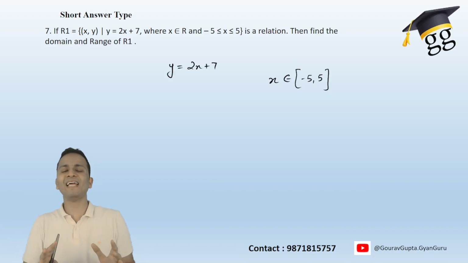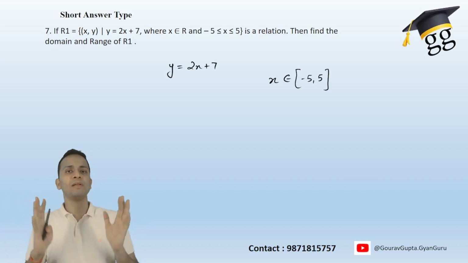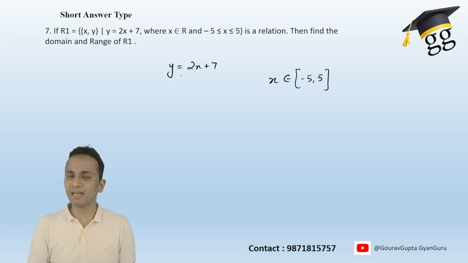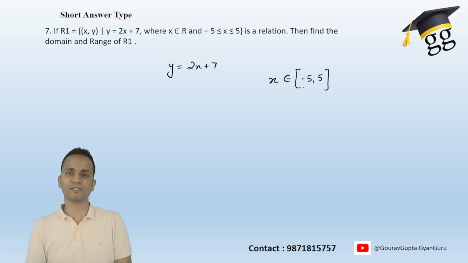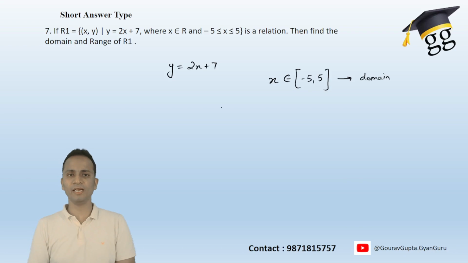I can put any value of x that is starting from -5 up till +5. All right. So it is clear that this value of y is defined, can be calculated for any value of x. So I can say that this will be the domain of this function. It is clear.